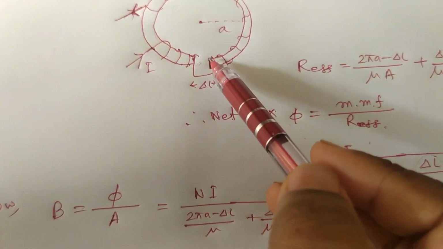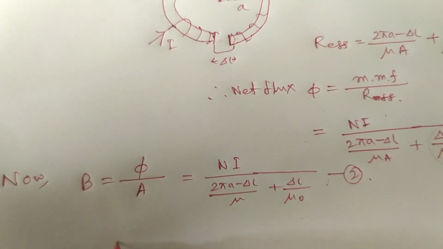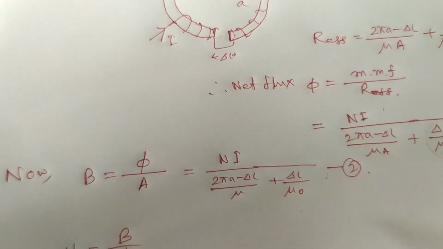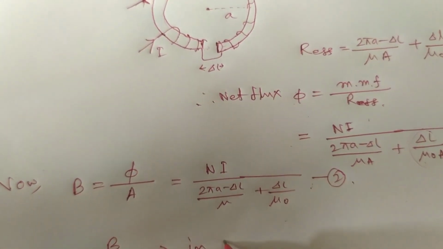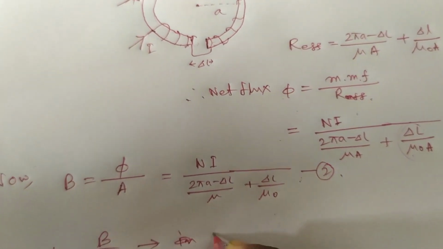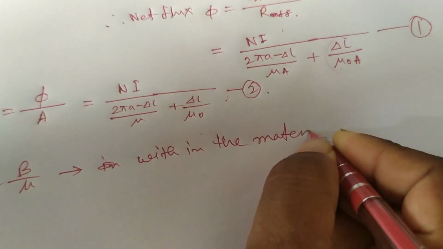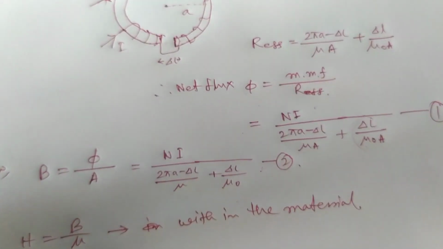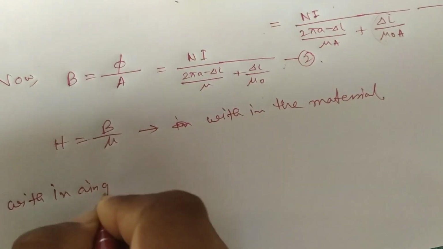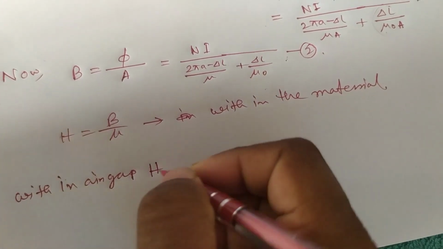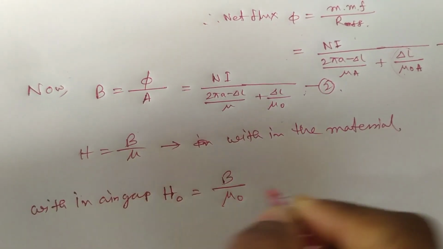The value of H within the material will be given by B by mu, and within the air gap it will be H0 equal to B by mu 0.